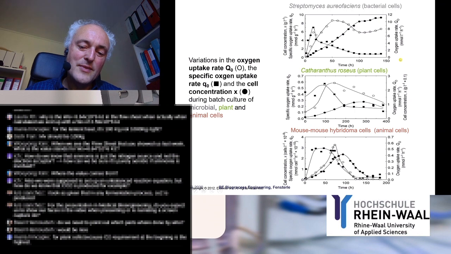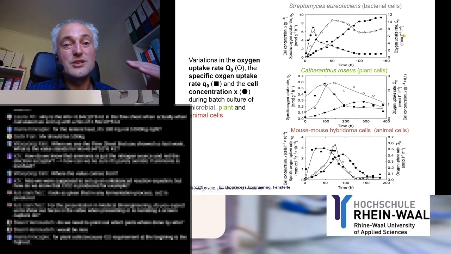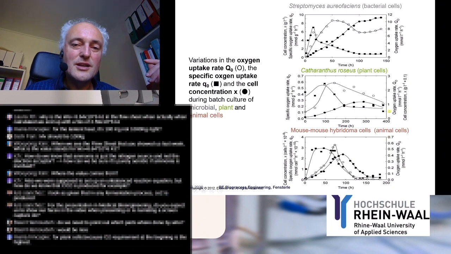But you see the oxygen uptake rate, Q_O2, that's the thing what you need to transfer at the end. This is always millimole per liter per hour. So these things you can directly compare, because there you have the same unit. And you see that here we go from 0 to 12, here we only go from 0 to 3, and here we go from 0 to 0.7. So at the end you need to look at the oxygen uptake rate, the open circles.